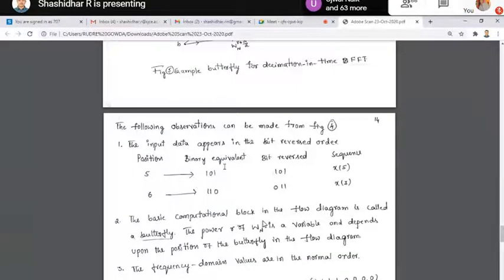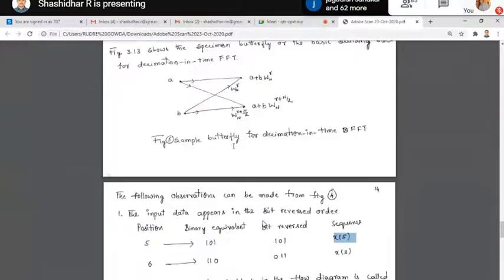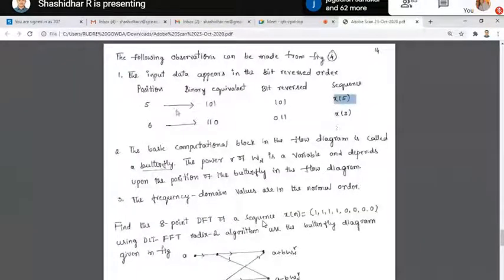For example, take the 5th position. What is the binary equivalent? 101. Bit reverse of 101 means x of 5. See here, x of 5 comes to x of 5. When you are doing the problems, for x of n, we can get the same in the bit reversed value. Here the 6th value: 110 is the binary equivalent of 6. What do we get if we reverse the bits? 011.